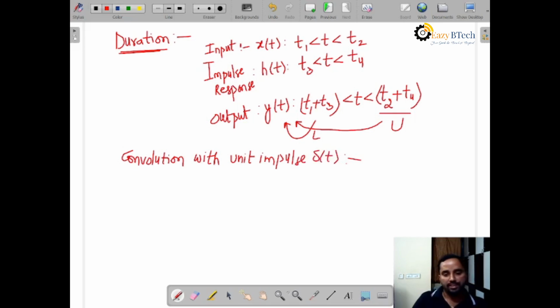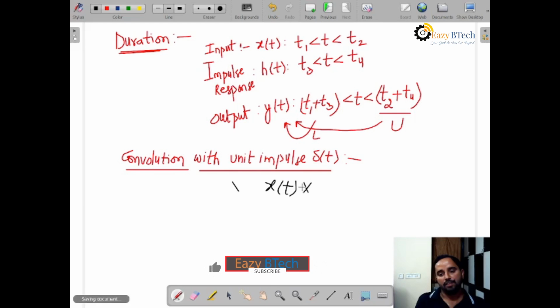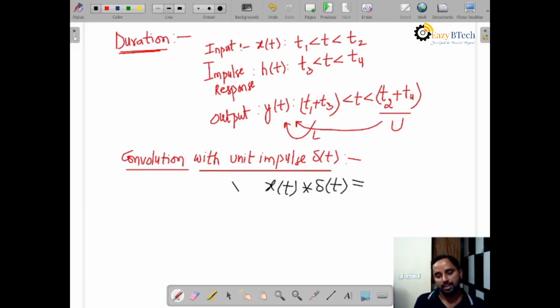So consider the convolution of a signal x of t with del of t, that we are discussing. What is the result of x of t convolution del of t? The same signal, x of t.